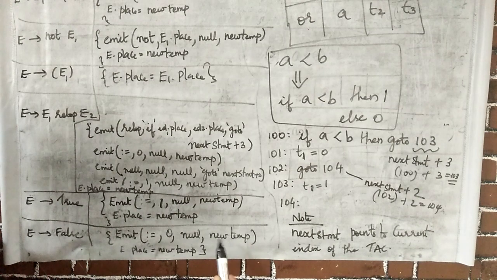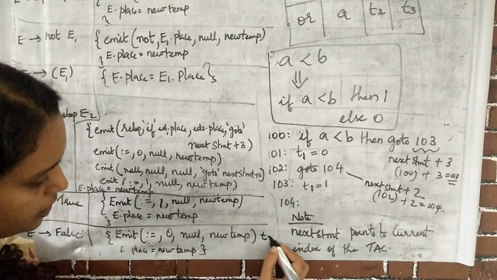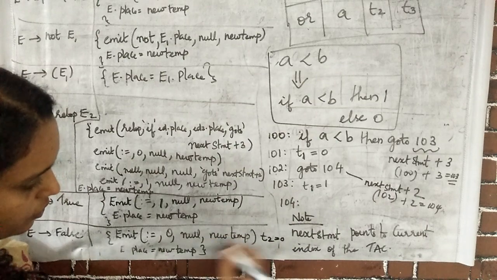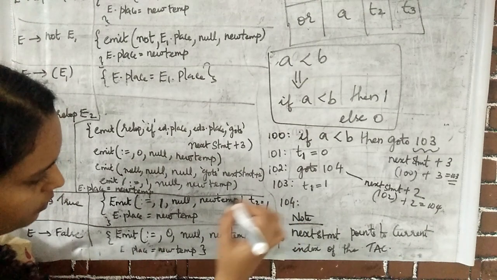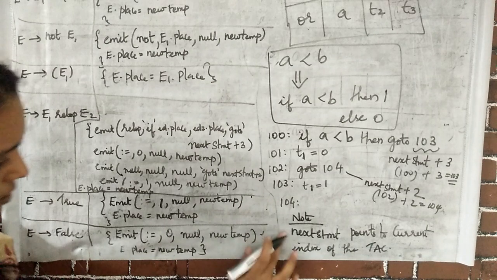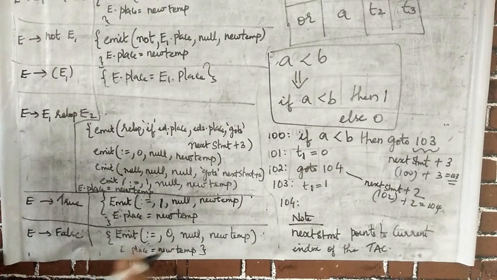So the new temporary variable, suppose it is T2, will be assigned with value 0 over here. Here the temporary variable will be assigned with the value 1. Now again the value of the new temporary variable has to be assigned to the left hand side variable: E.place is equal to new temp.